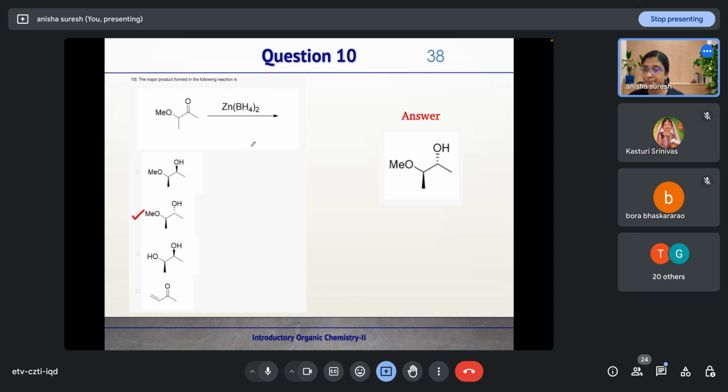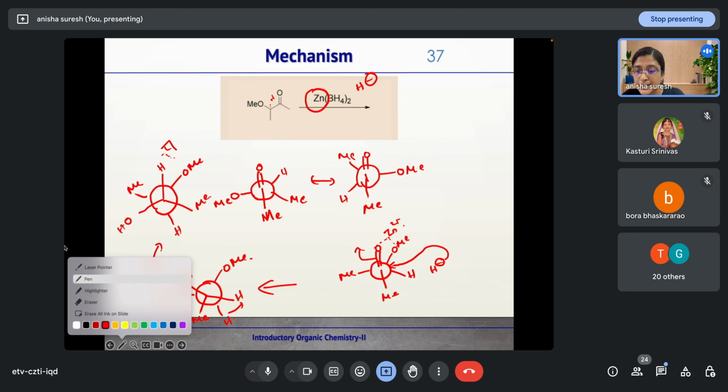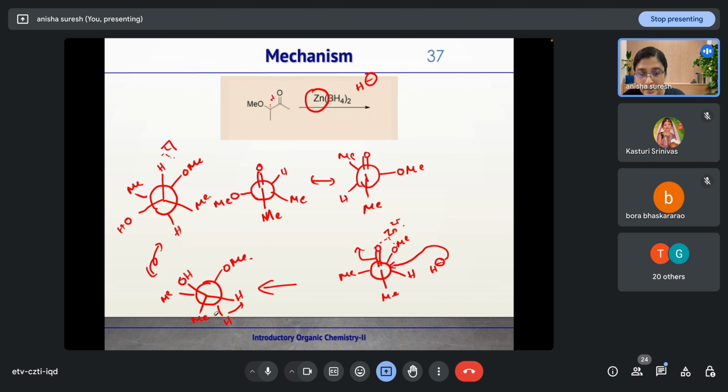Okay. OMe and OH are present anti to each other. Sorry, here they have written OMe and methyl. According to the methyl group, it is considered, so we can consider according to that.